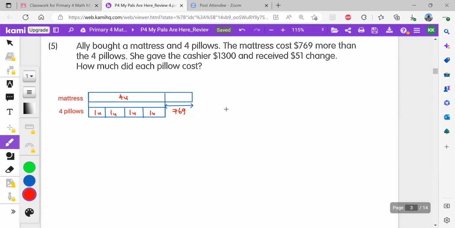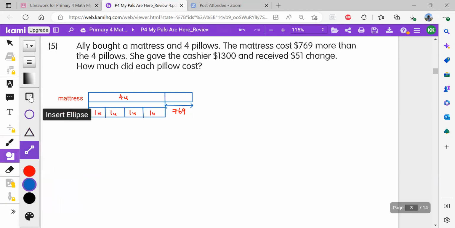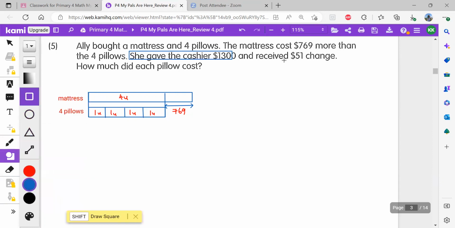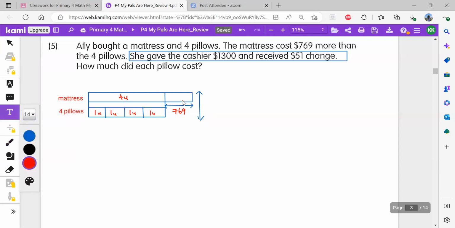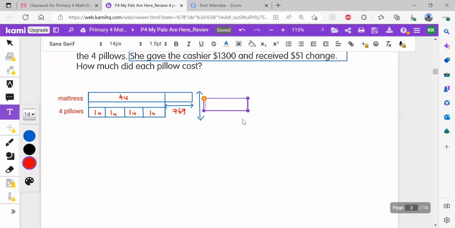Second sentence. The third sentence says that she gave the cashier $1,300 and received $51 change. What does that mean? It means that the total amount is actually 1,300 minus 51.